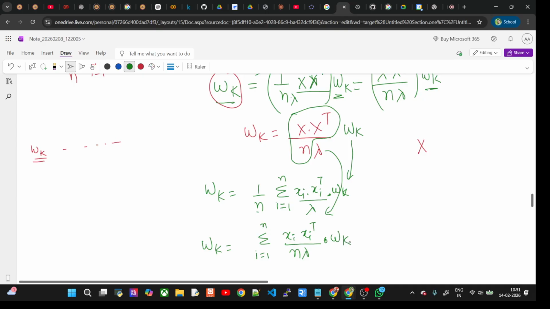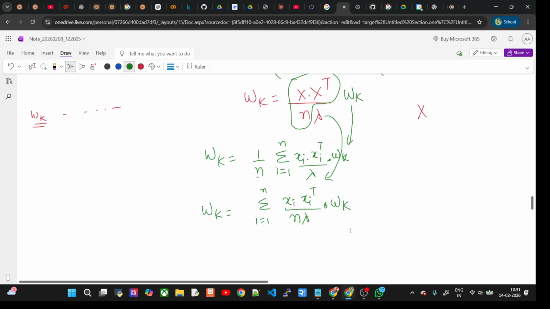So this is what you need to calculate, what you are finally interested in: the eigenvector, correct. This is the eigenvector you want to calculate. But what is the problem here?